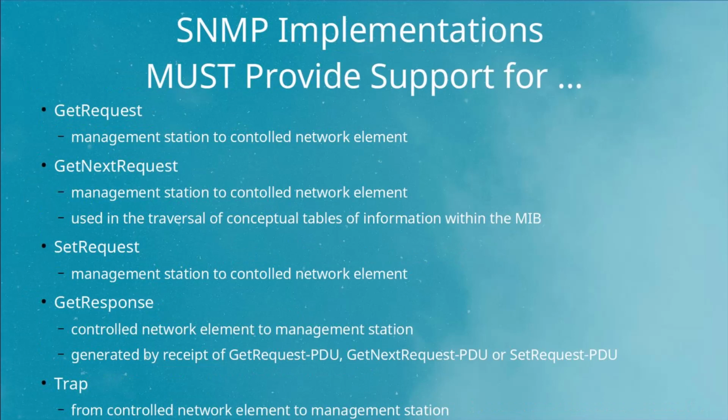SNMP implementations must provide support for GET request, which is the management station to controlled network element communication; GET next request, which again is the management station to controlled network element.